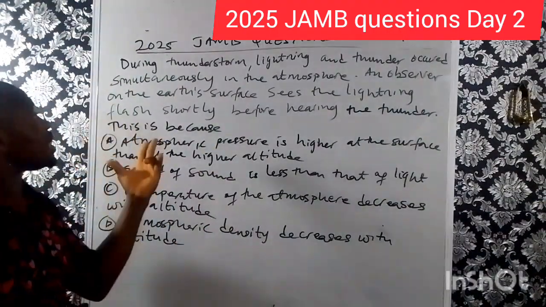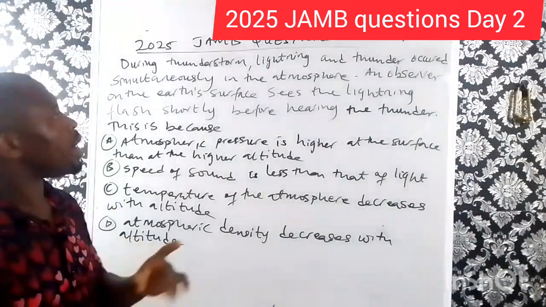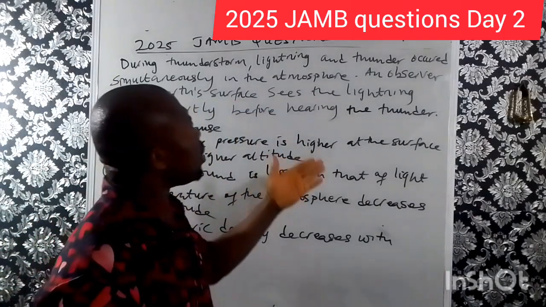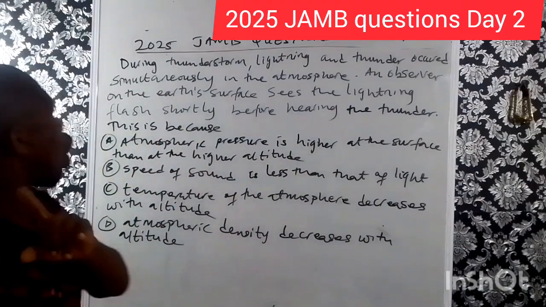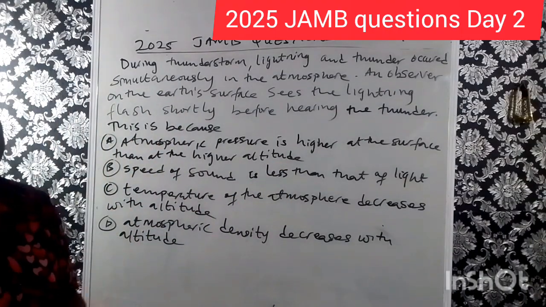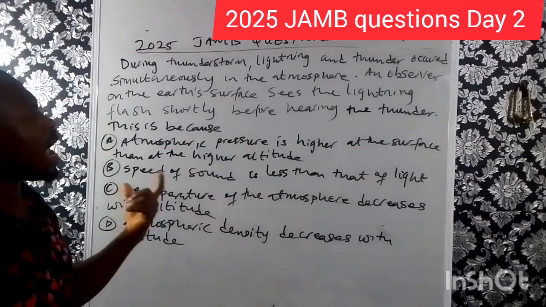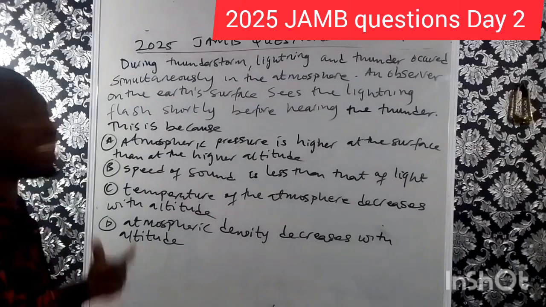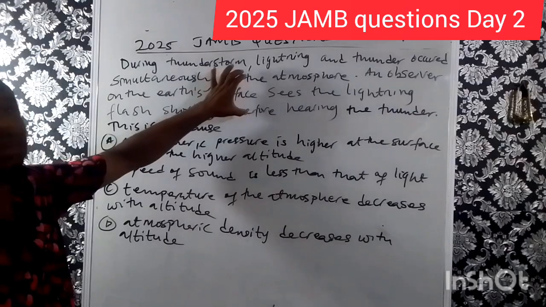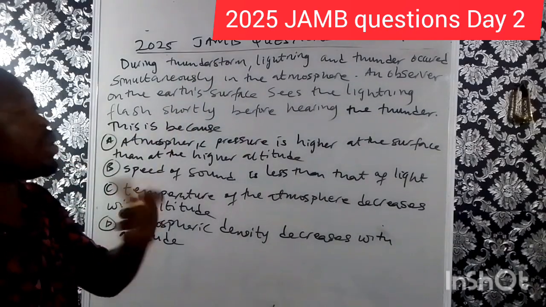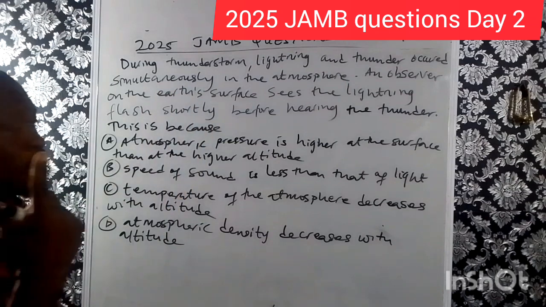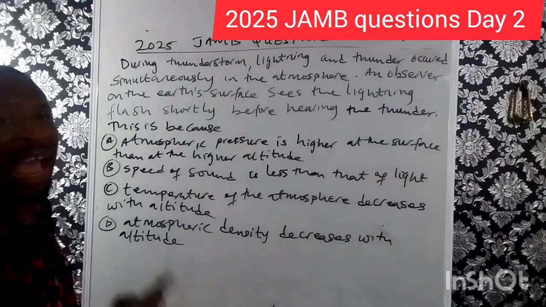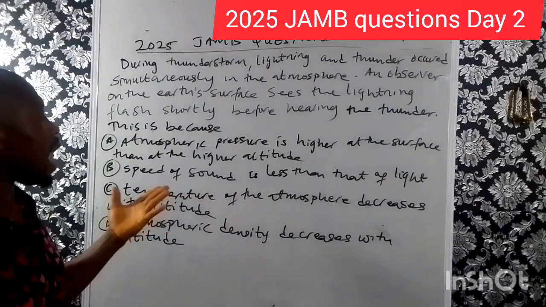This question says, during a thunderstorm, lightning and thunder occurred simultaneously in the atmosphere. An observer on the Earth's surface sees the lightning flash shortly before hearing the thunder. This is because, so what is the reason why you see the lightning first before hearing the sound? Option A, atmospheric pressure is higher at the surface than at the higher altitude.